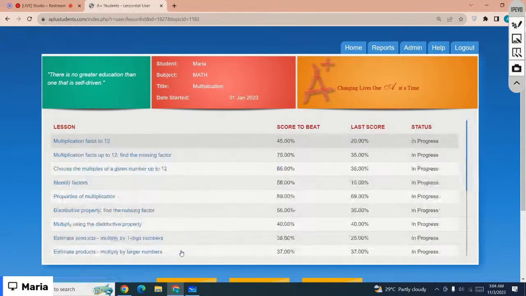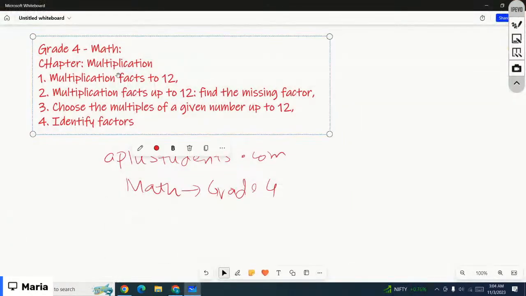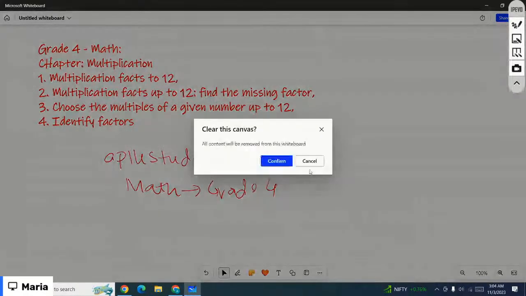Okay, the lesson is multiplication facts to 12. Basically, multiplication and addition are interrelated, right? How? What do you know about multiplication and addition? Multiplication is successive additions, repeated additions.